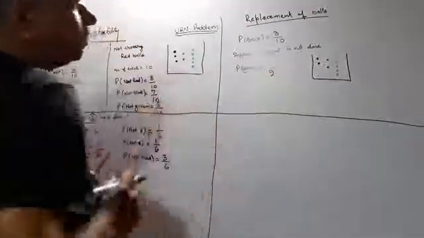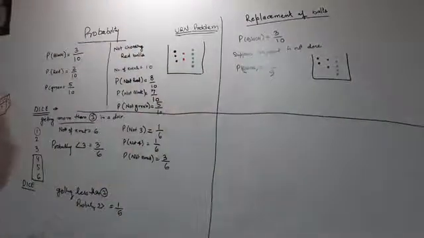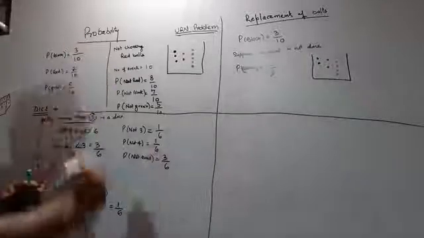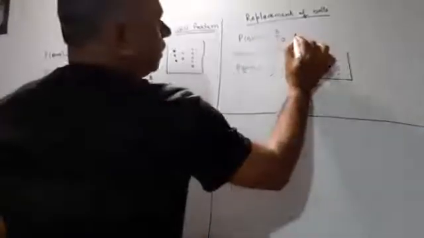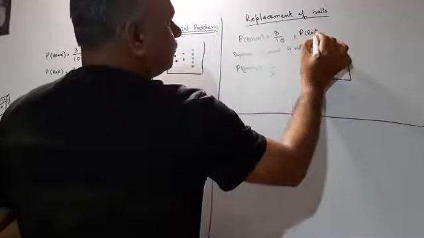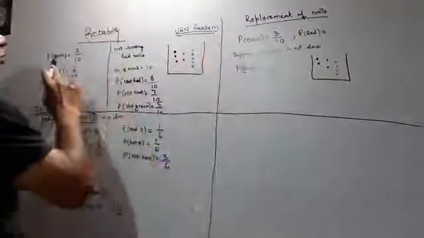So in a no-replacement problem, the probability of getting black or getting red will change. Suppose we are choosing red in the with-replacement case, we have 2/10.